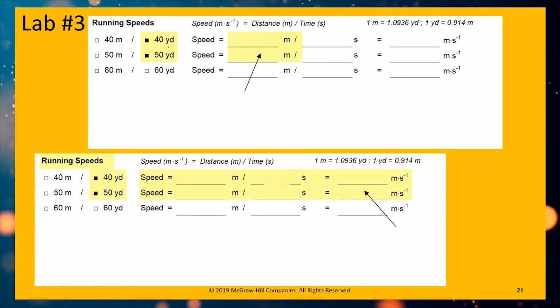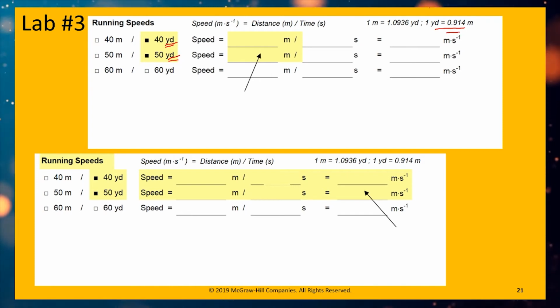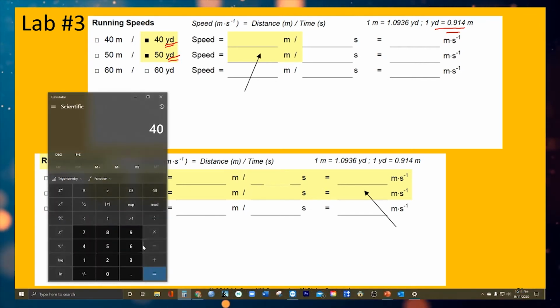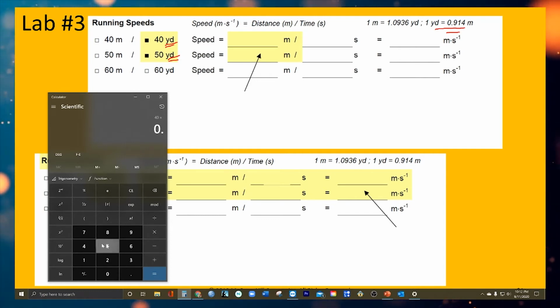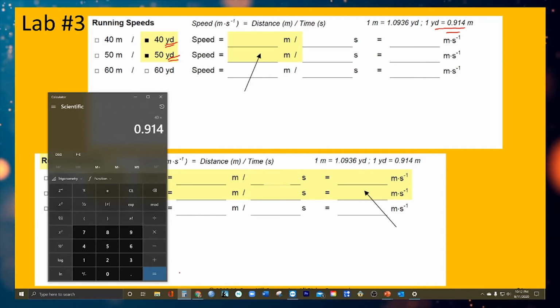Remember when I said we need to figure out that we are working in yards, because this is where this is going to come in handy. This is a big hint. We need to convert from yards into meters. So this is straight taking these numbers and converting them over. If we do a little bit of multiplication and take our 40 and multiply it by 0.914, we should get 36.6.